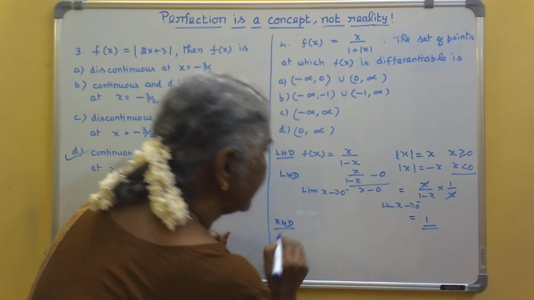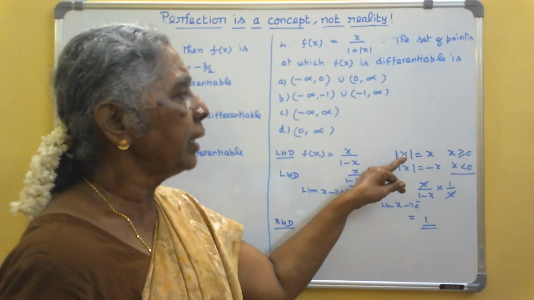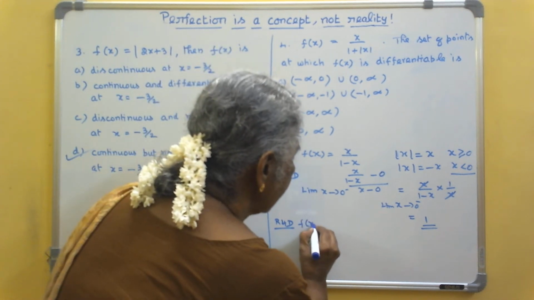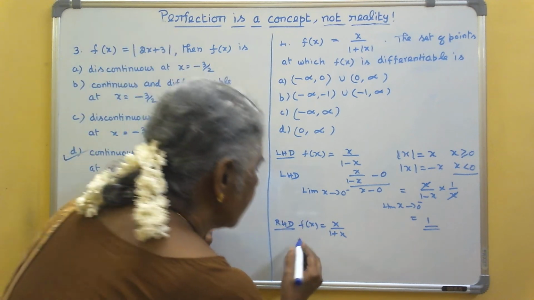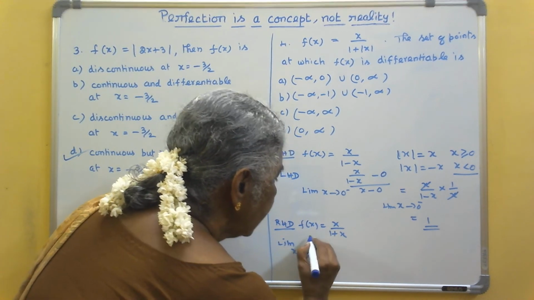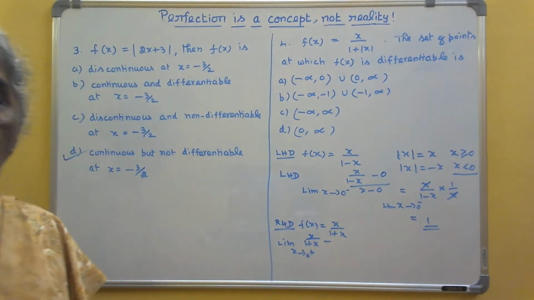Now let me come to my RHD. In my RHD, I know my x is greater than 0, right? So the f(x) will become x/(1 + x). Now let us do limit x tending to 0 plus. In the place of f(x), you write x/(1 + x) minus f(a).